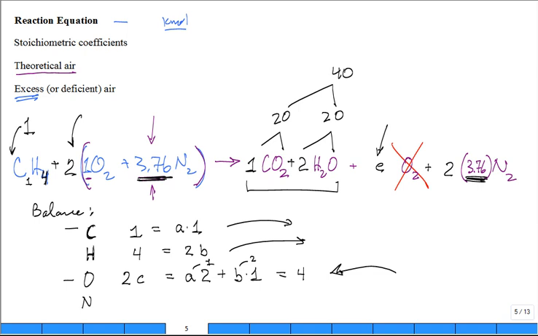The recipe is get the theoretical air balanced stoichiometric equation with all these coefficients. These stoichiometric coefficients are the coefficients in front. The 1 is the stoichiometric coefficient on the methane. This 1 is the coefficient on the CO2, etc. Once you get it balanced for the theoretical air, then if you have excess air, how do you modify that equation?